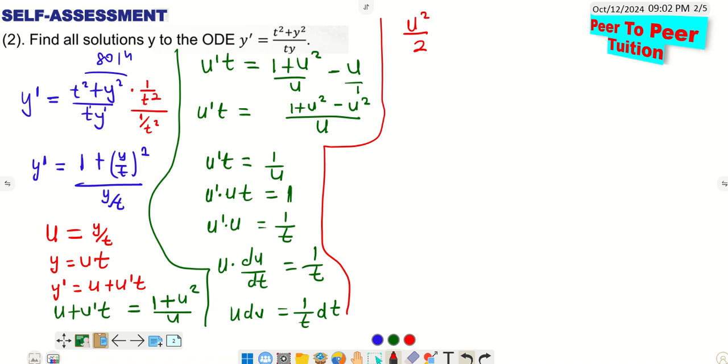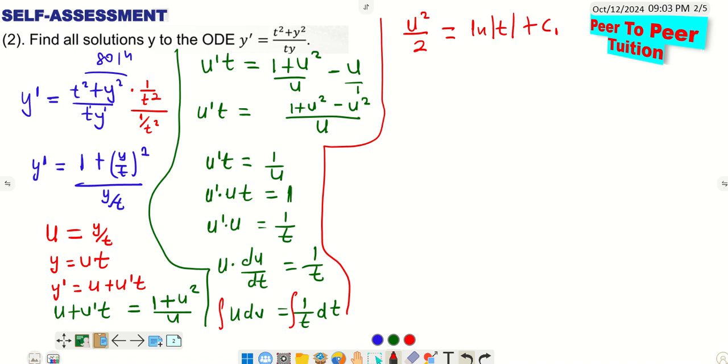No, sorry, I am integrating. So if I integrate u du, I'll get u squared over 2 should be equal to, if I integrate this, I'll get the natural logarithm of t plus our arbitrary constant. Let's say the constant here is c1.